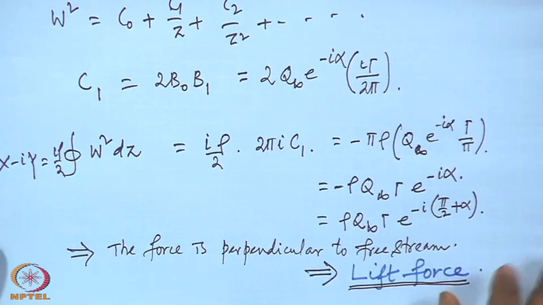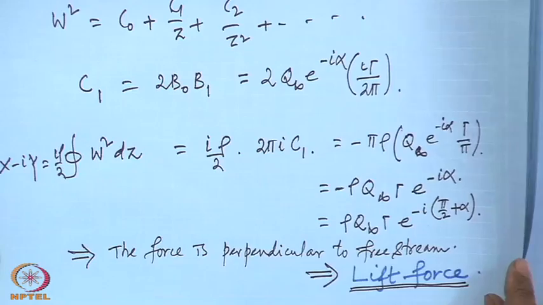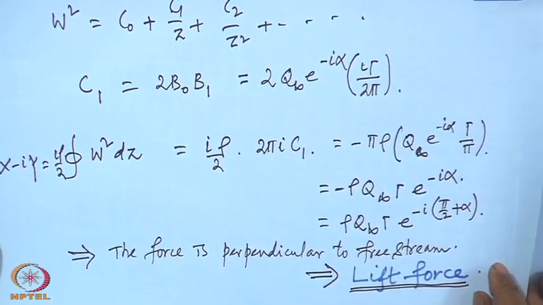Of course, this is an unacceptable result, that force in the direction of the flow is 0 always, which is never true, but that is what a 2 dimensional potential flow gives. A 2 dimensional potential flow gives only lift force.